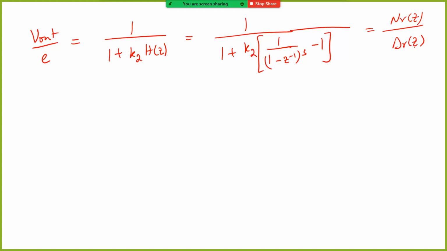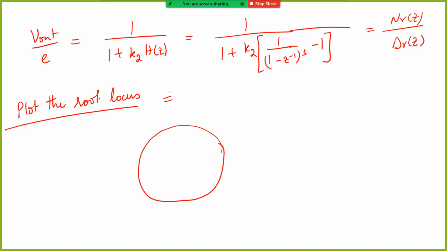In this case, what is the gain? K2. So you plot the root locus. How do you plot the root locus? Vary K2 and find the poles, correct?